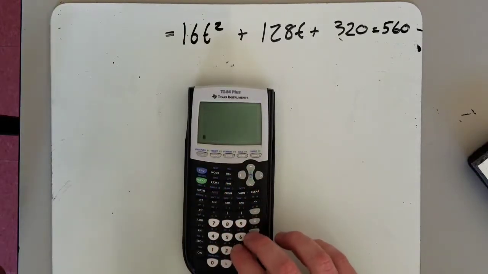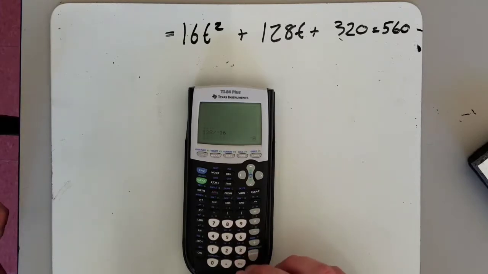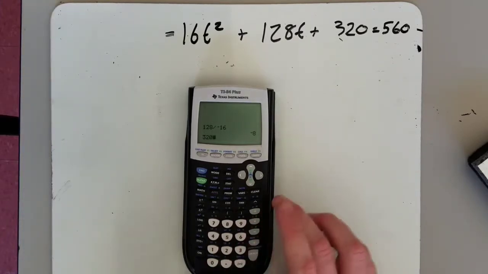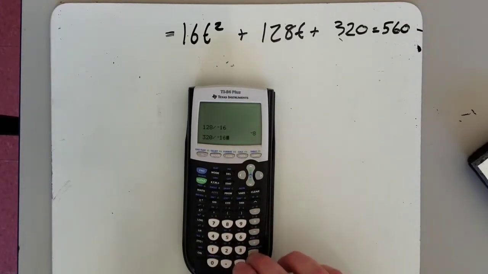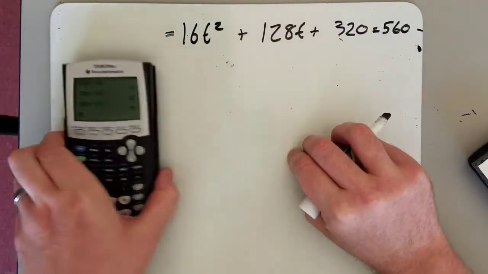Is 128 divisible by negative 16? Sure it is. Is 320 divisible by negative 16? Sure it is. And is 560 divisible by negative 16? Oh, you guessed it, ladies and gentlemen. So what we can do is simplify this, and it's still going to give us the same answer.